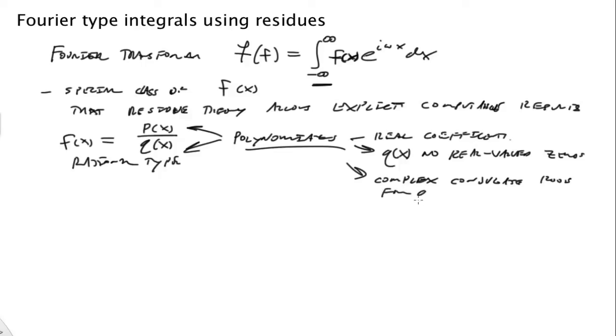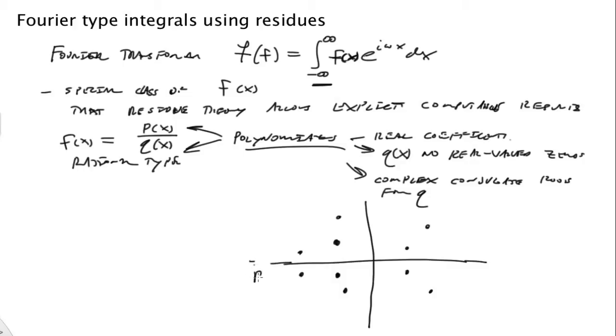For q, that means if I draw out my complex plane here, we're going to have roots like this all over the plane. As we've seen before, we can take a capital R that's big enough so that we can create a contour integral.